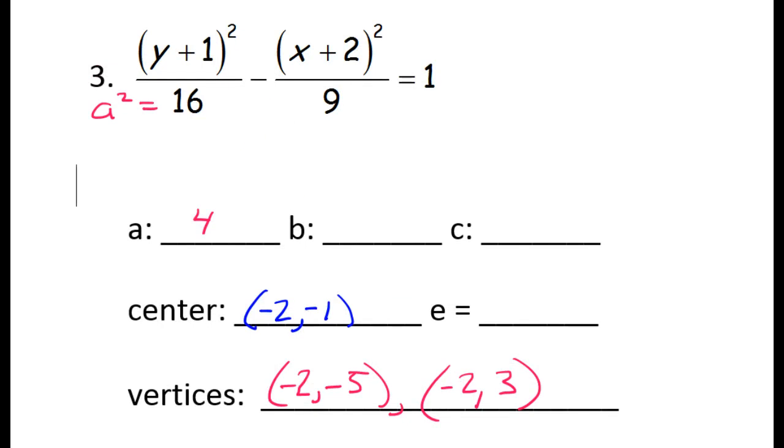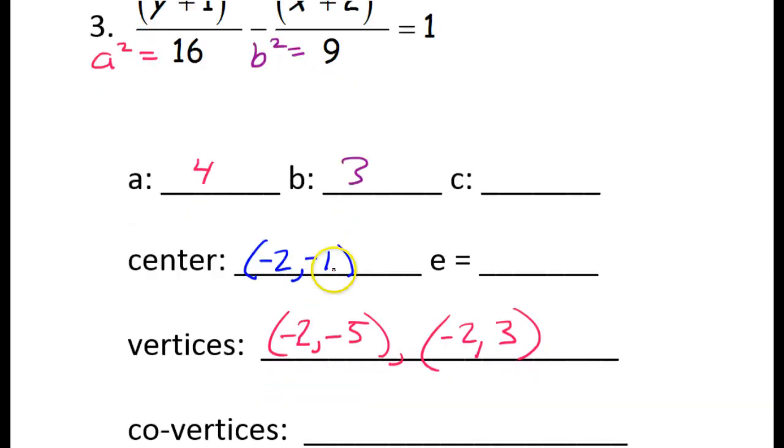Now let's find the b value, which will lead us to the co-vertices. The second denominator, the denominator of the negative term, is always b squared. So b is 3. Notice that the 9 is the denominator of the x term. So I will do my plus and minus 3 in the x direction.